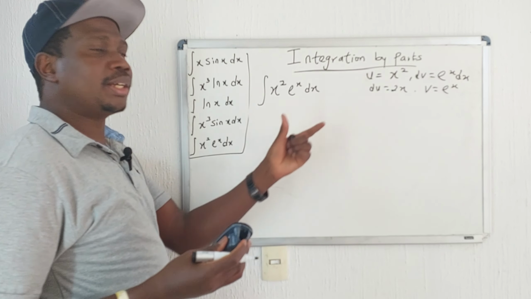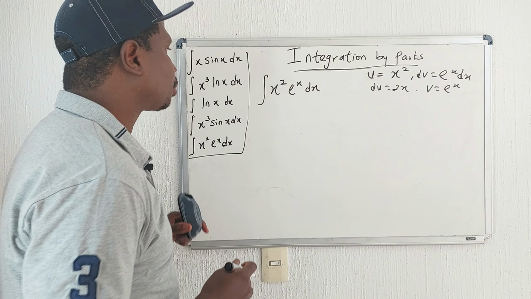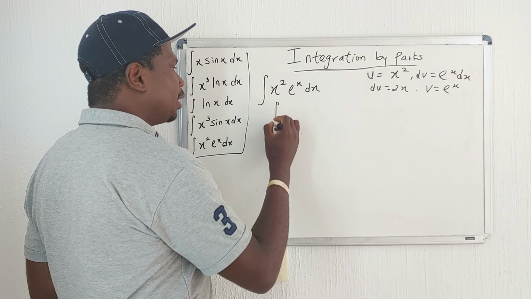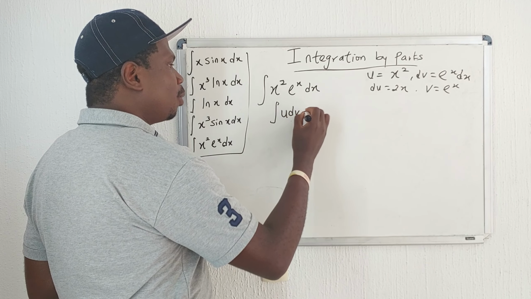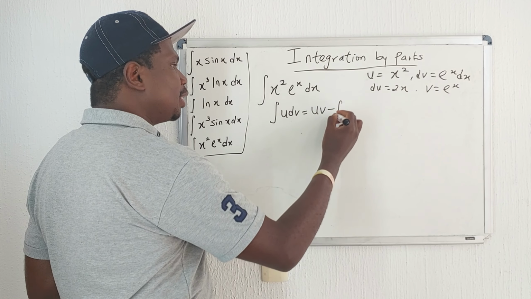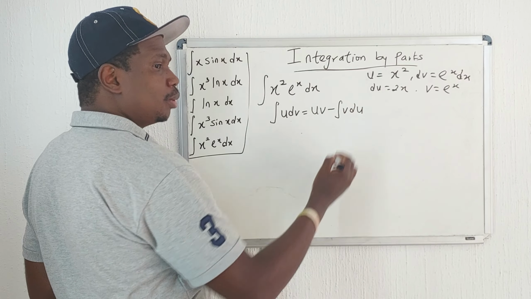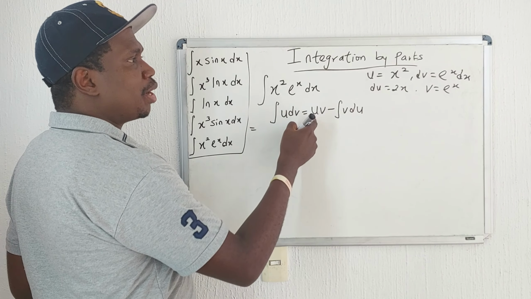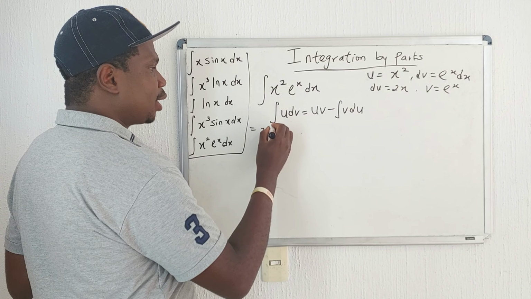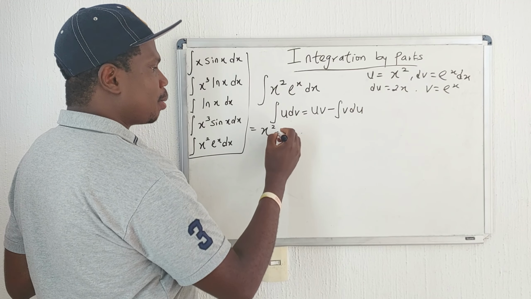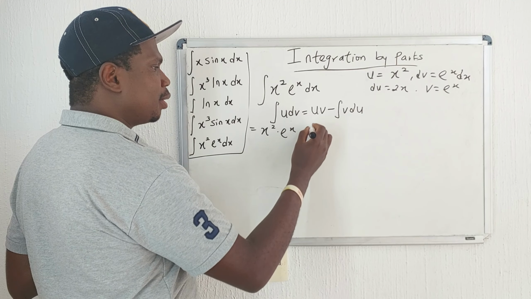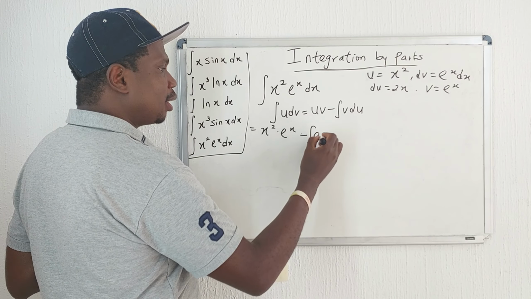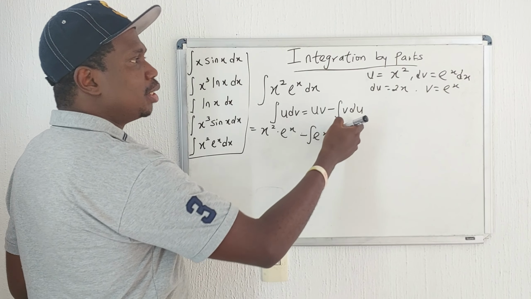Remember, when I integrate e to the x, I get e to the x. So in the same formula, integral u dv equals to what? uv minus integral v du. Now, equals to what's my u? x squared, dot v is what? e to the x, minus integral v is what? e to the x dot du is what?